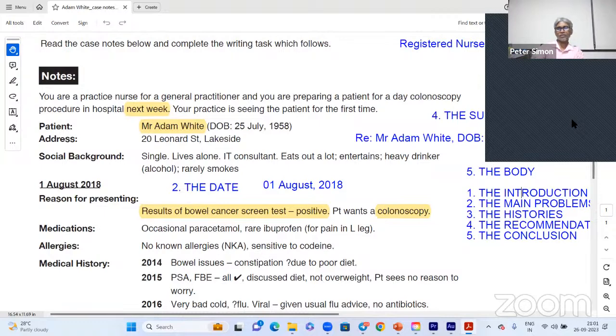You can say like this: regular consumption of excessive alcohol. Yeah, alcohol consumption in large quantities has been notified. Very good.